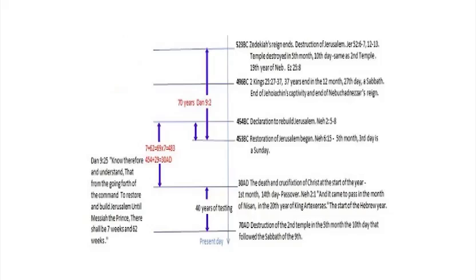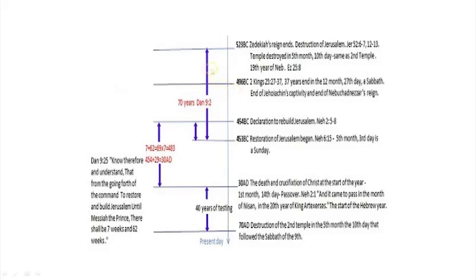Now, there's an important piece of information that you have to know, and that is that in Daniel 9, in verse 2, he tells us that the city of Jerusalem would lay in waste for 70 years. So now what we have to do is take that BC year that we just looked at, and add that 70 years.